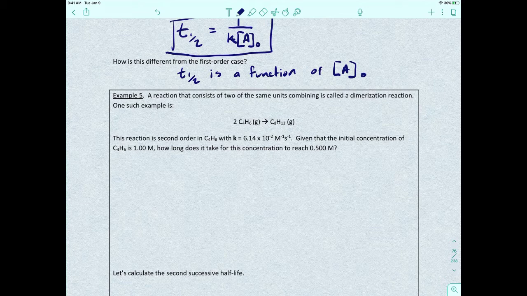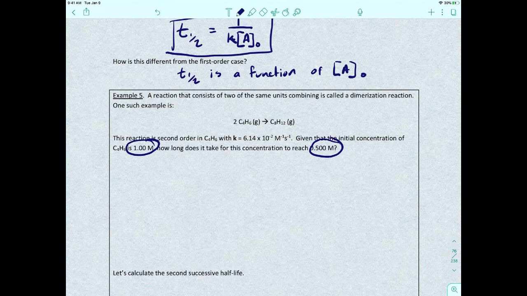We could solve this two different ways. Since the initial concentration is 1 and we're trying to figure out how long it takes to get to half, we could use just the half-life equation, or we could use the full-blown second order equation.